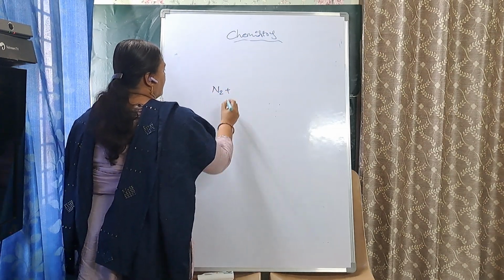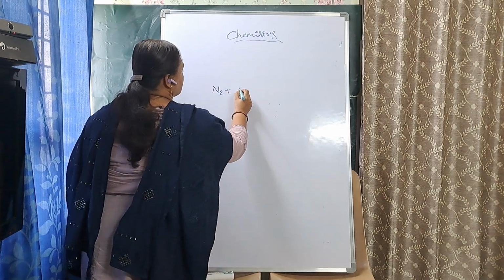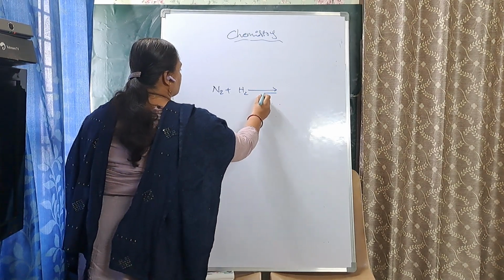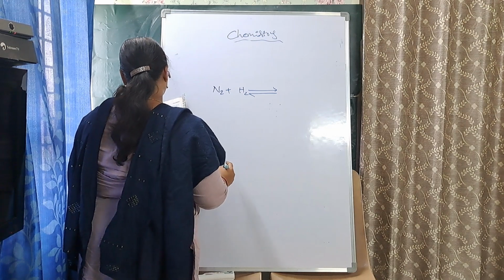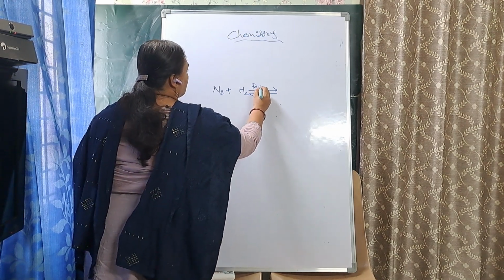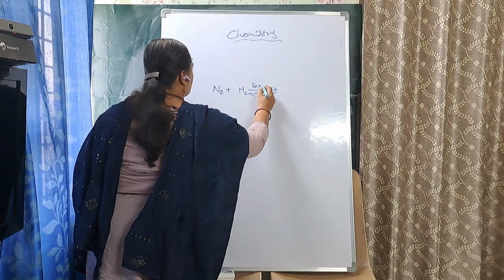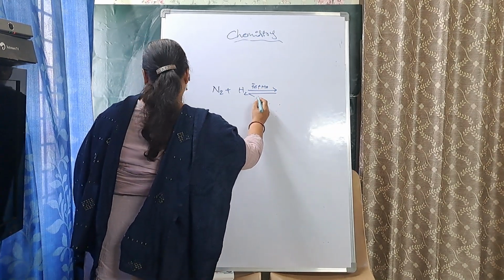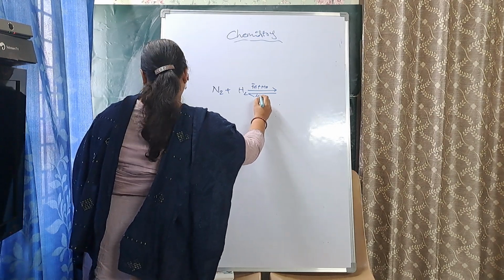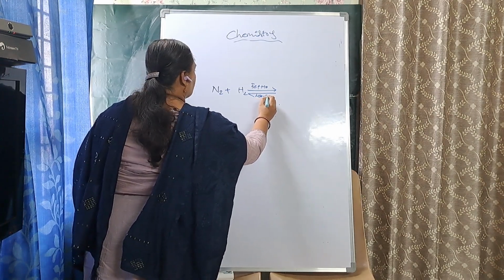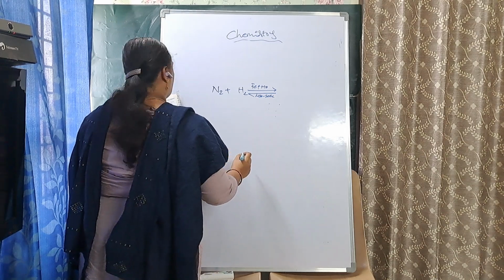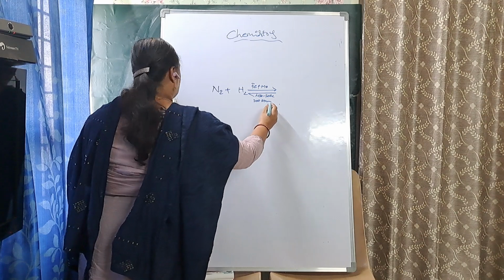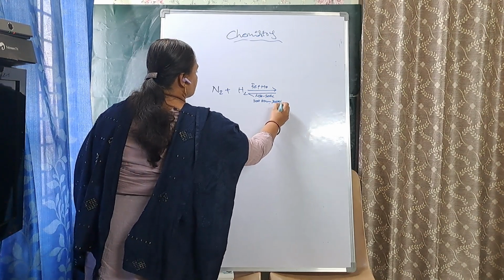when nitrogen reacts with hydrogen in the presence of iron plus iron molybdenum, this is a reversible reaction, and also temperature 400 to 450 to 500 degrees centigrade, and pressure also 200 atmosphere to 300 atmosphere.